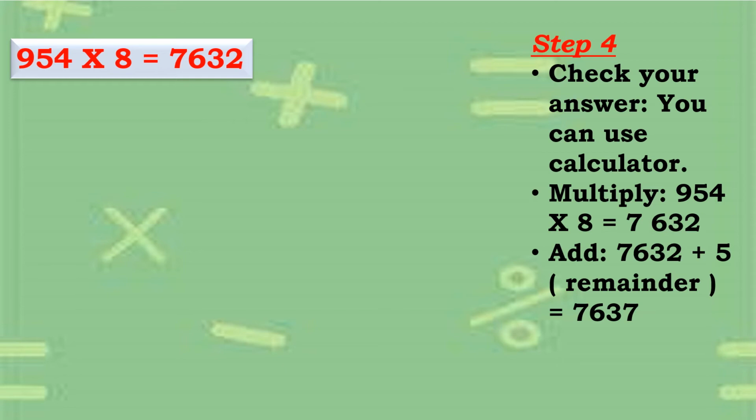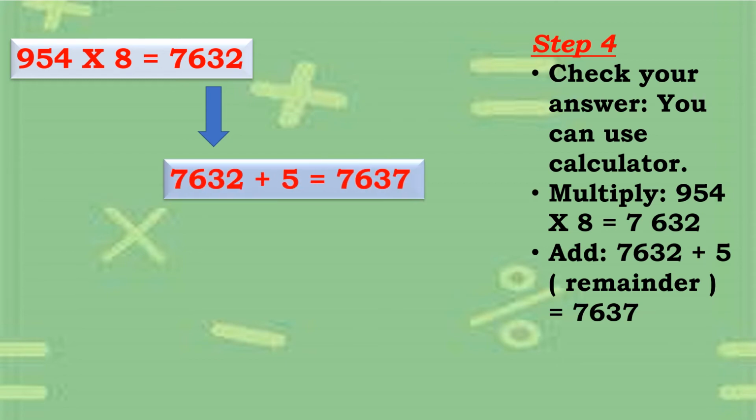First thing we need to do is to multiply. Then next, we need to add 7,632 plus 5. 7,632 plus 5 is equal to 7,637.